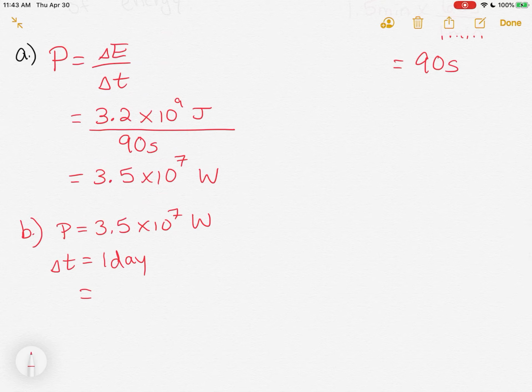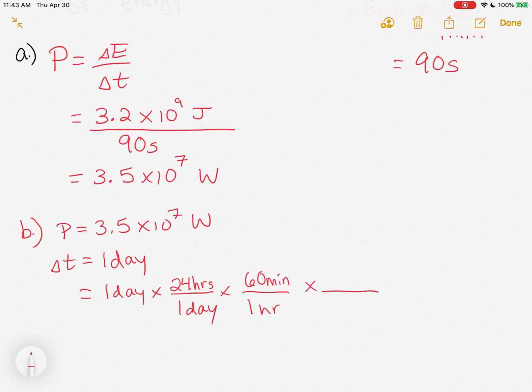So to do that, our 1 day is multiplied by the fact that there are 24 hours in 1 day. And then we've got to convert from hours to minutes. So in 1 hour, there are 60 minutes. We've got to convert from minutes to seconds. So there are 60 seconds in 1 minute, so that we can cancel out our units.